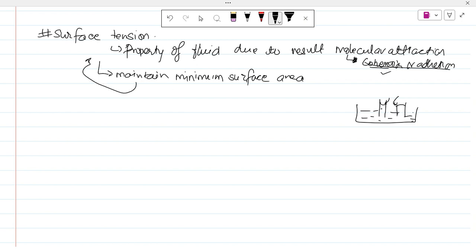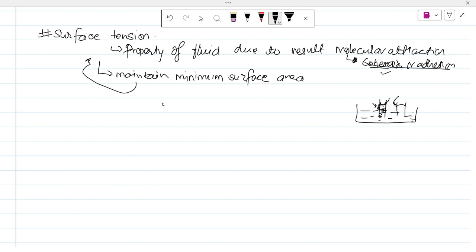And in this kind of analysis, the weight of the extra fluid is balanced by the adhesive force of this fluid to the surface of the tube.